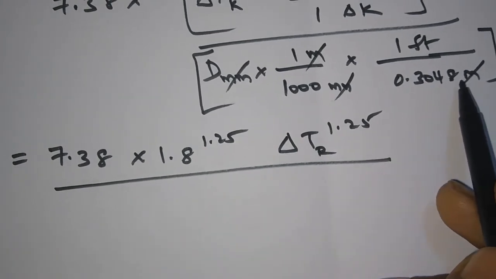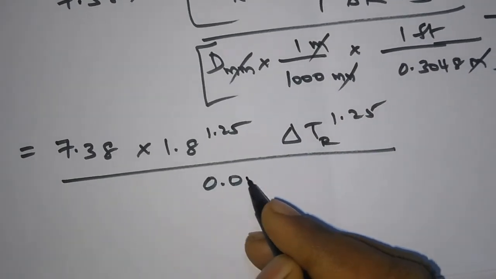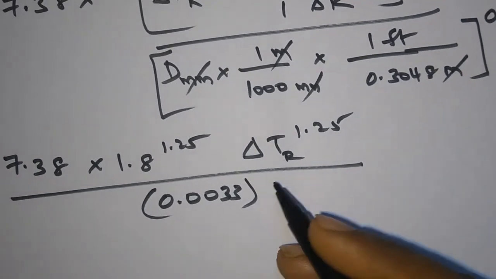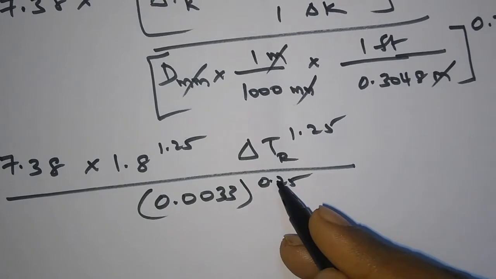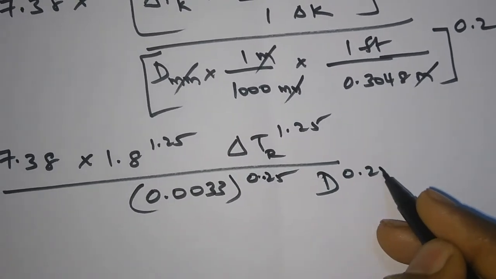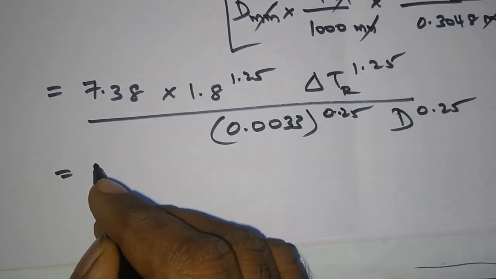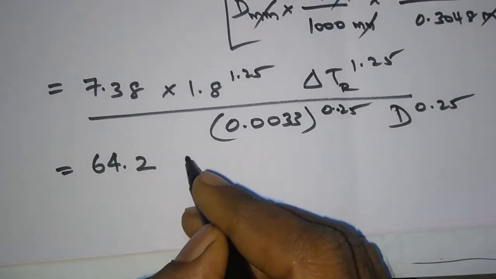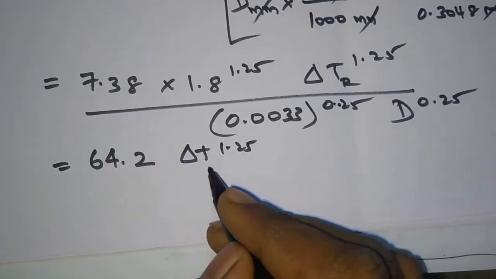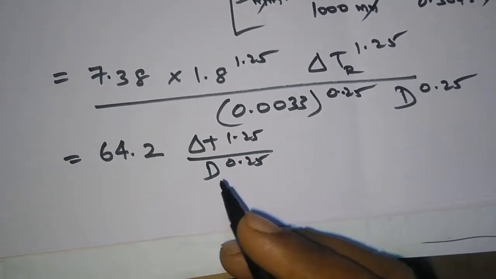The inverse of 304.8 is 0.0033, which needs to be raised to the power of 0.25, and D power 0.25. So what we get is 64.2 delta T power 1.25 divided by D power 0.25.